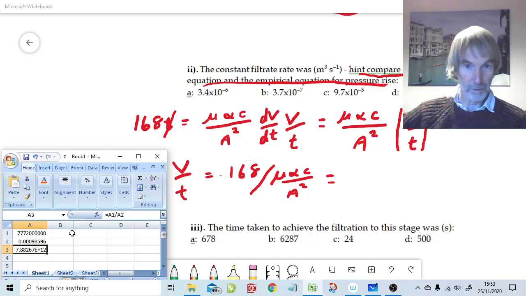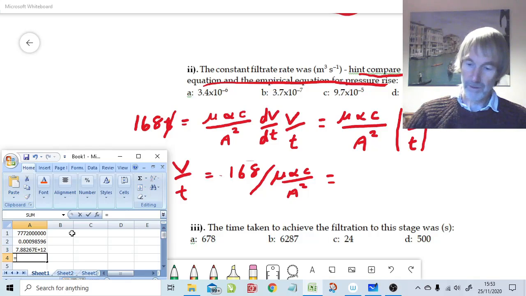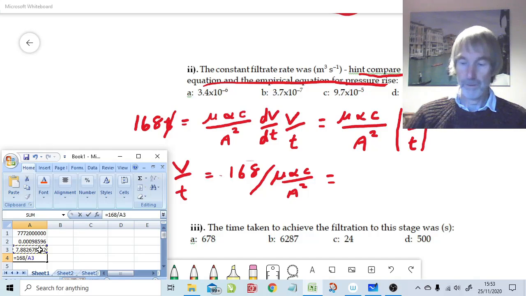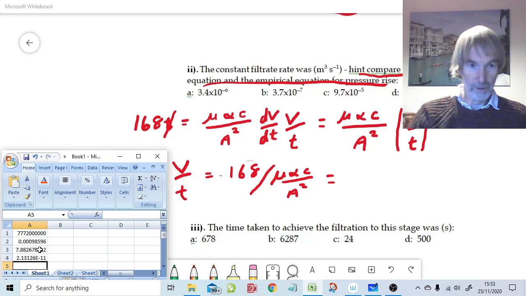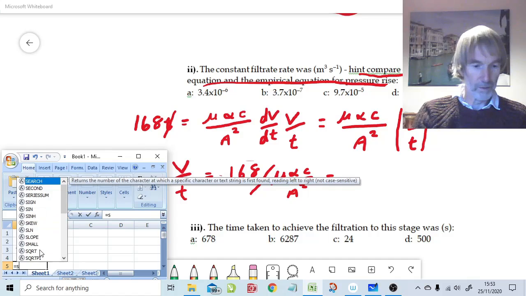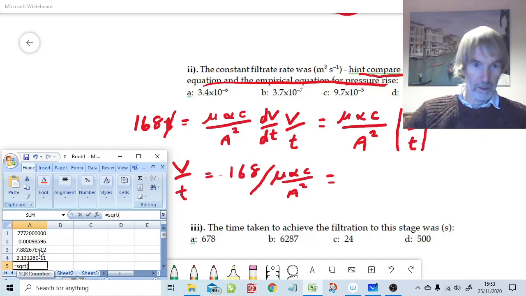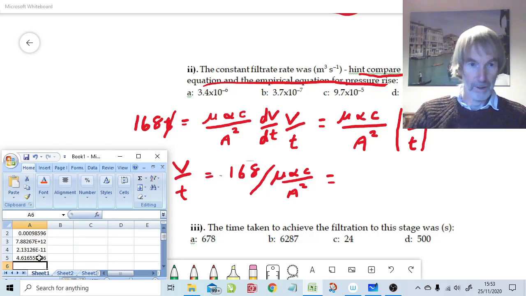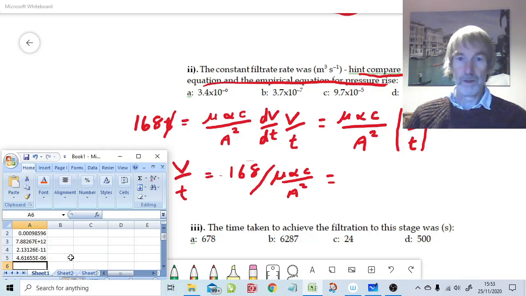So that leaves us with the calculation of 168 divided by what we have just calculated, and then we need the square root. So that's equal to SQRT of what we've just calculated here, which is 4.6 times 10 to the minus 6.